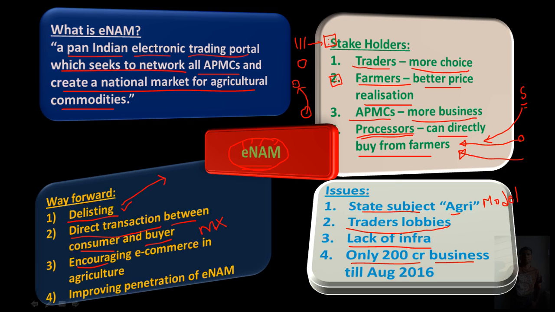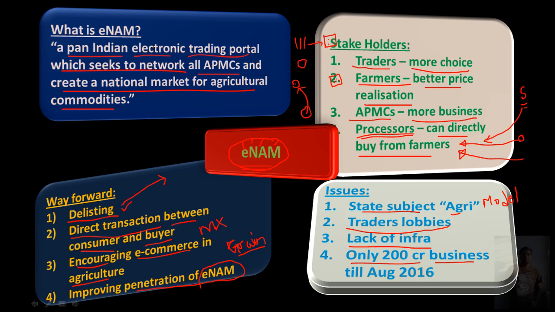We can encourage e-commerce in agriculture. Imagine a site like Flipkart, let's call it Grain Cart, and all types of wheat, jowar, peas, pulses are available on this site. So it will be really helpful for the consumers also and to the farmers too. And finally, improving the penetration of e-NAM.